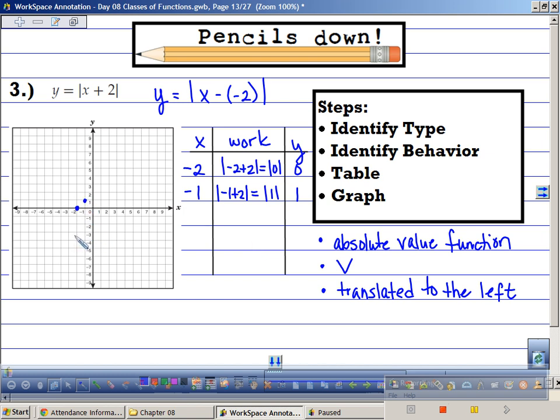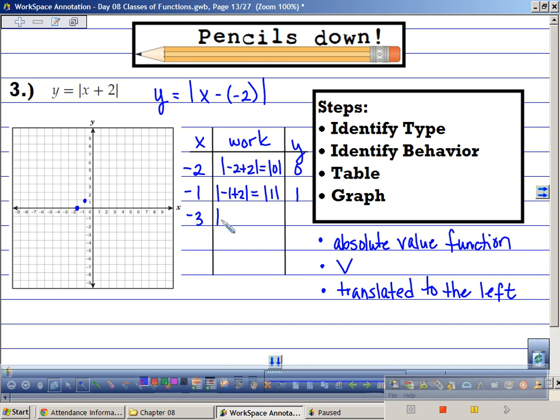I really only need one other point. Correct? Nope, not 0. Why do I need -3? To prove not just the V-shape, but the, what's that word? Absolute value functions are always symmetric. I've got to prove the symmetry. You're right, it makes a V-shape, but I want to get that vocabulary in, the symmetry of it.